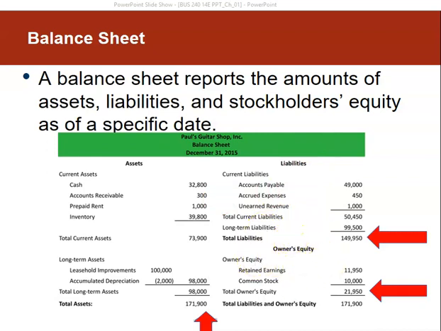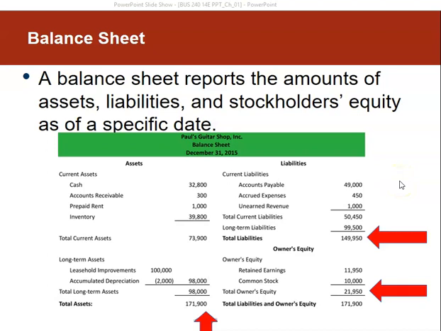And you may recall that I told you in the presentation on the accounting equation that the stockholders' equity section of the balance sheet is sometimes also called owner's equity. One thing I would point out is that this apostrophe really needs to be on the outside of this S here.